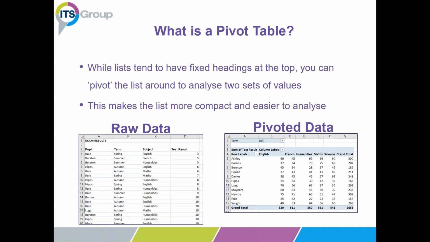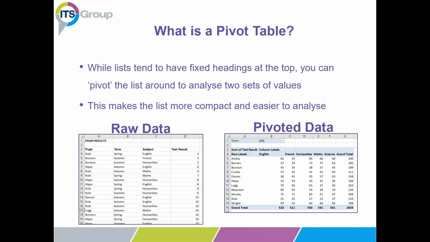And you can see that that's produced a much more compact list. So this pivoted data that I've got here is based on this raw data from the left. And I can actually see the whole thing and analyse it in one very small table. Compared to a long list of data, it's just much easier to read.